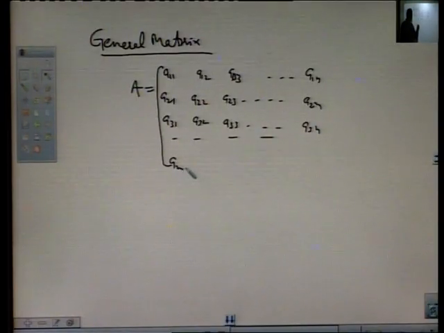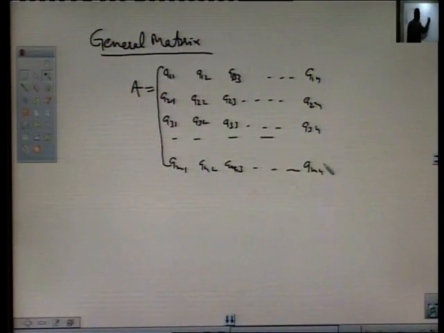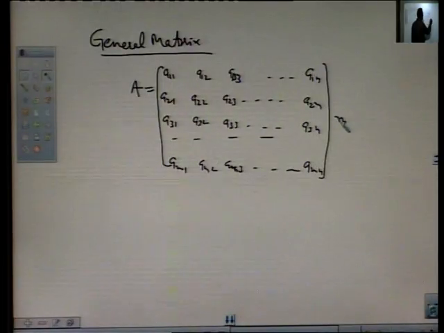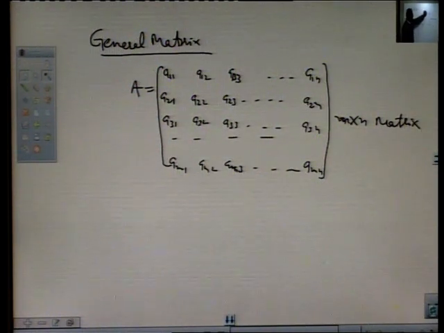Here is Am1, Am2, Am3 and so on, Amn. This is a general matrix and it is called m cross n matrix. This matrix has m rows: first row, second row, third row and mth row. And this matrix has n columns: first column, second column, third column and so on, this being the nth column.